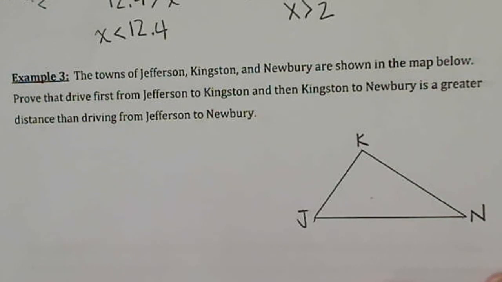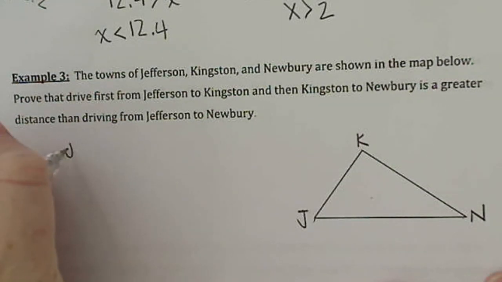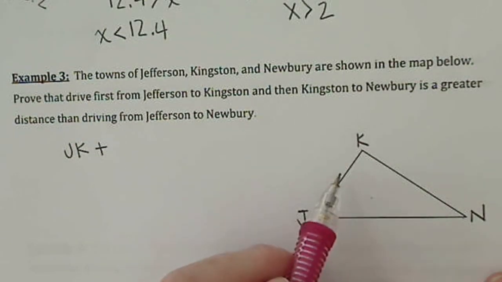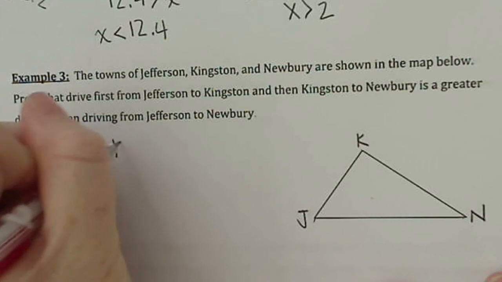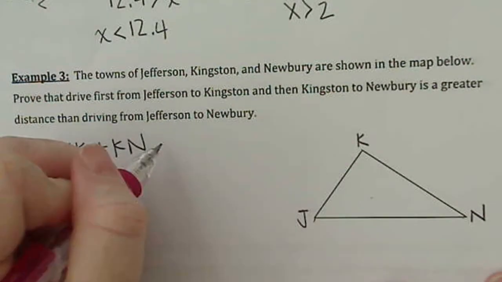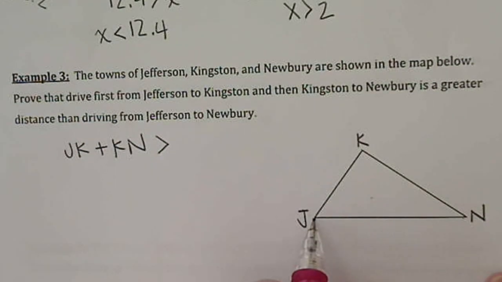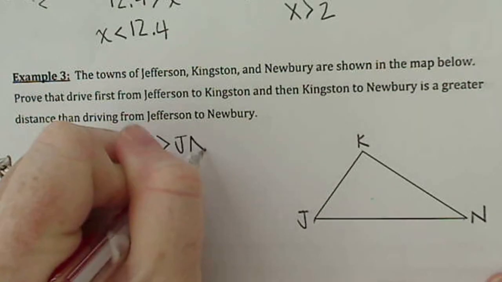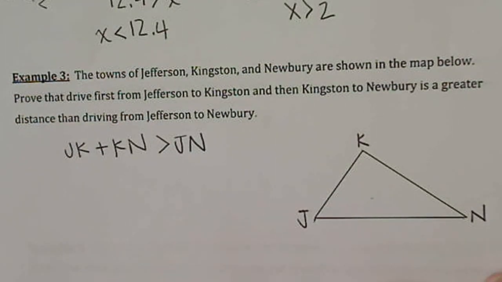I know that common sense, yes, obviously it is shorter, but we need to show that. Triangle inequality theorem says that JK, this road right here, plus KN, this road right here, is always greater than just driving from Jefferson to Newberry. That's how we're going to show it.